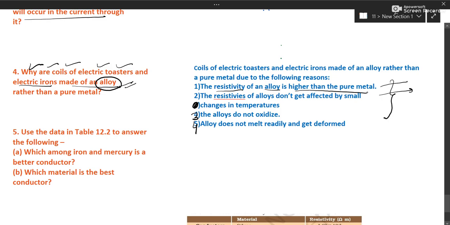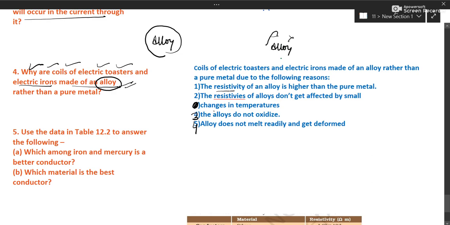Alloys are made up of metals, but alloys have higher resistivity than the metal. Secondly, most important reason, resistivities of alloys don't get affected by changes in temperature. This is the most important reason. Resistivity of alloy does not get affected by small changes in temperature. Second point is most important.